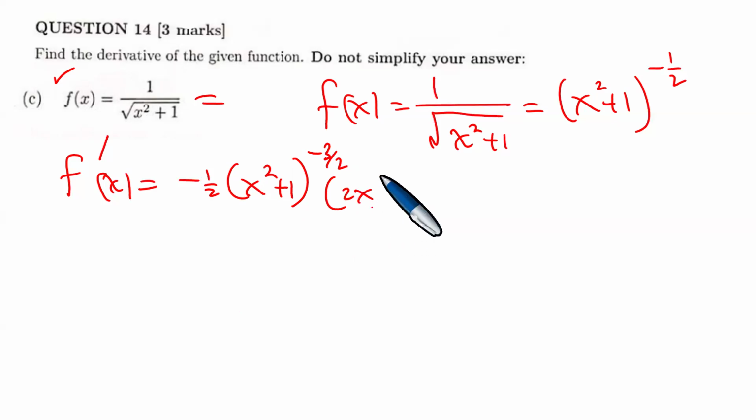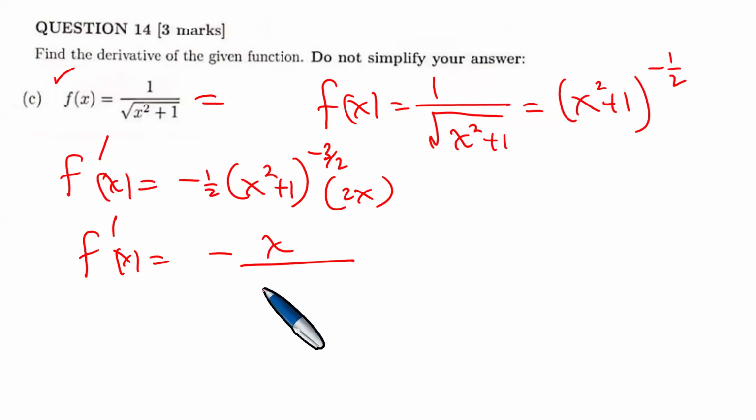The derivative of the inside is 2x. The 2 cancels, so that we have f prime of x, which is minus x divided by x squared plus 1 to the 3 over 2.